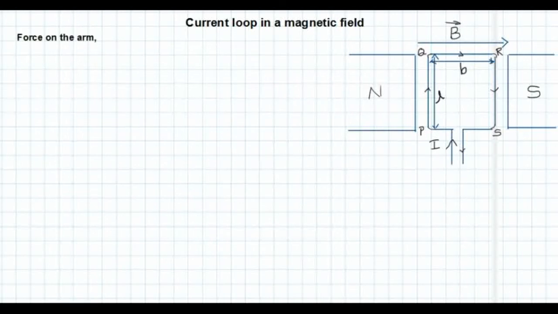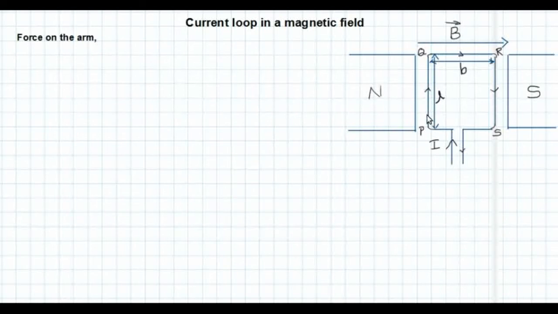Now there will be a force acting on these different arms. So we have four arms: arm PQ, arm QR, arm RS and arm PS. Each arm can be treated differently. There is a current carrying length here.